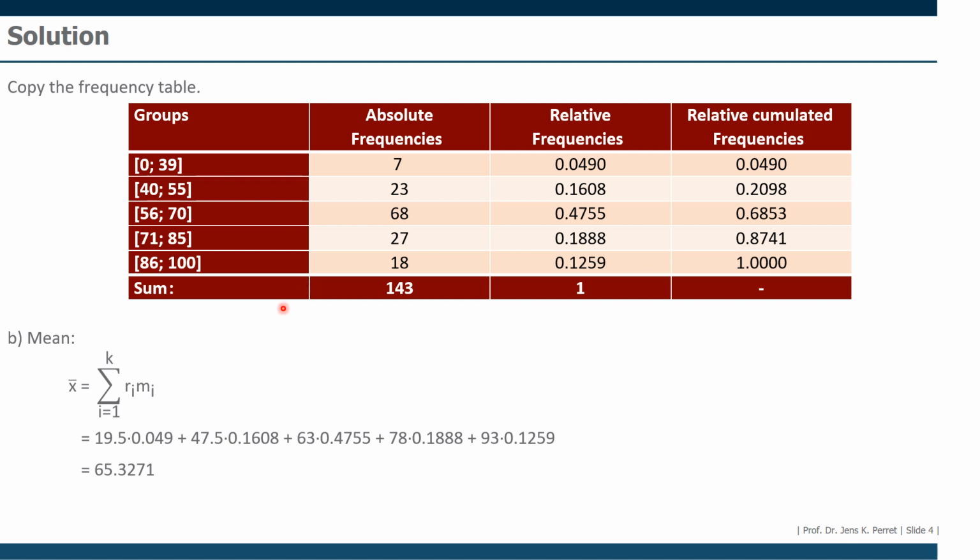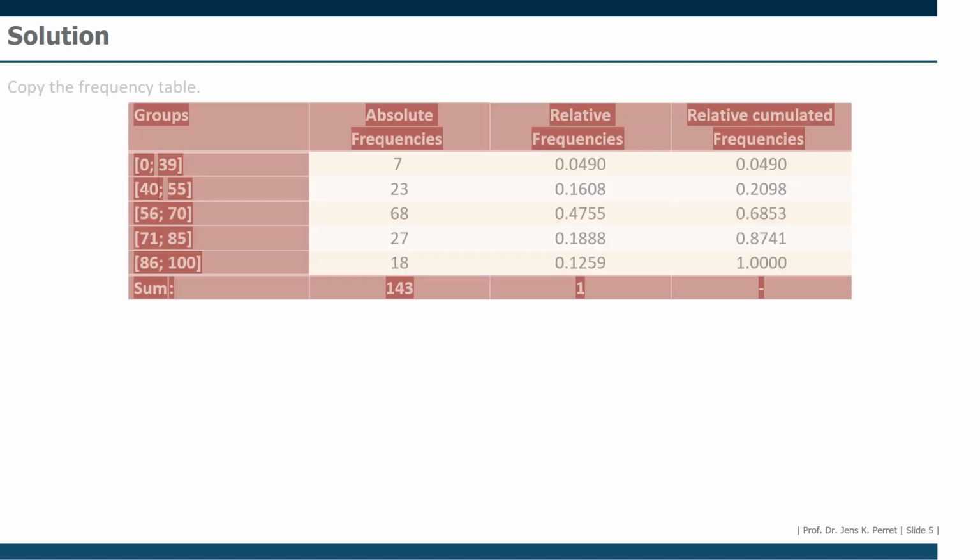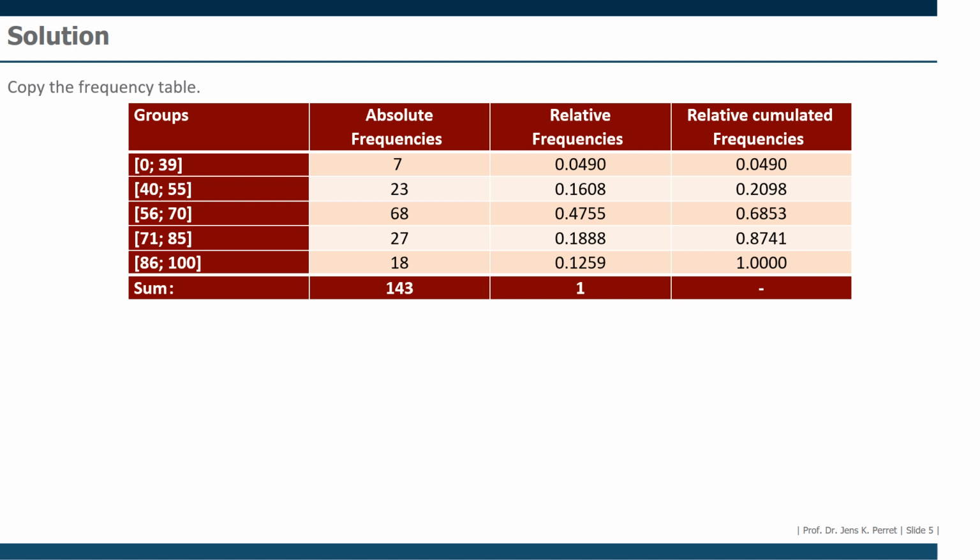Well, this already concludes part B, so we only have to do part C, where we have to get the median for this table. Same table. For the median, we first need to determine the median class. The median class we're going to find by taking a look at the cumulated frequencies. We're starting at the top and looking for the first class where the cumulated frequency is larger than 50%.